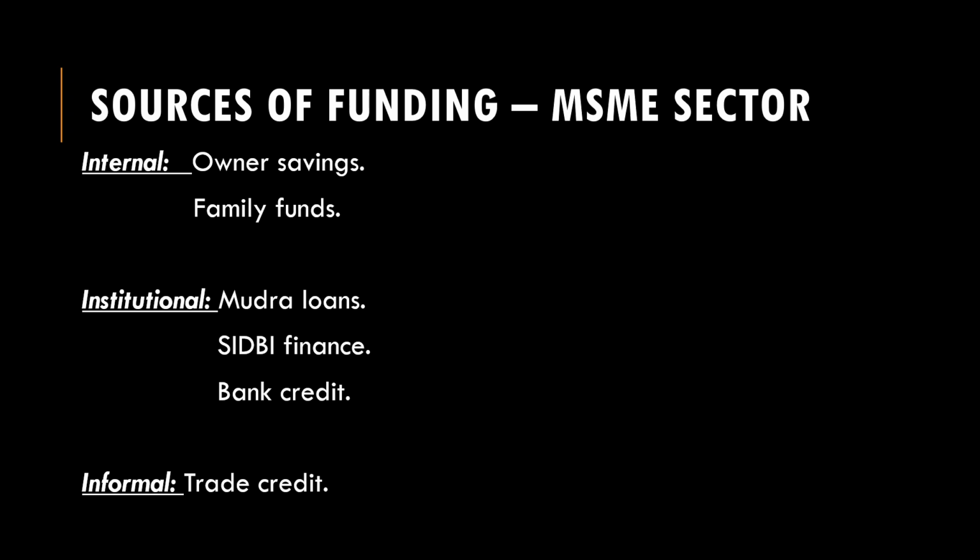The institutional sources include Mudra loan from the central government and SIDBI finance, Small Industries Development Bank finance, and bank credit. But in this category, the MSME sector also follows the informal sources of finance. That thing we call as trade credit.